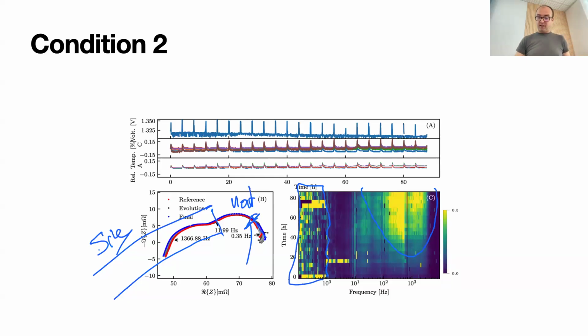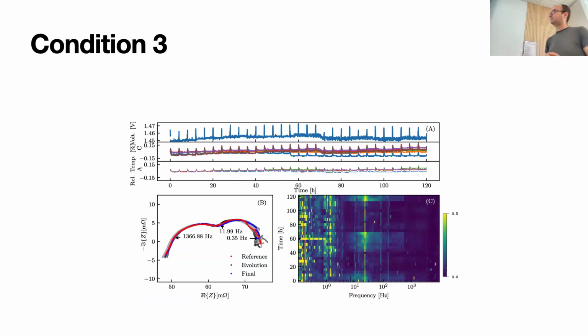And our final and most interesting case is the third condition. As you can see, because this is a case of high fuel utilization, even the voltage was not stable that much. There were some fluctuations in the voltage.